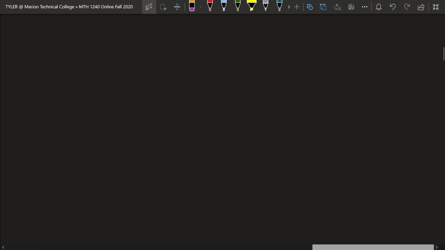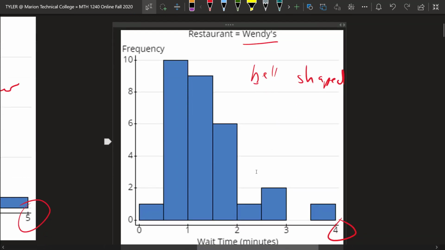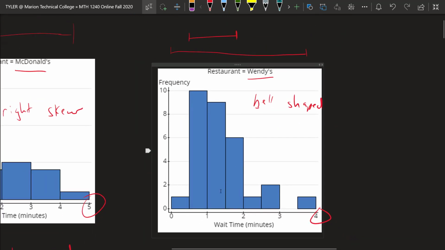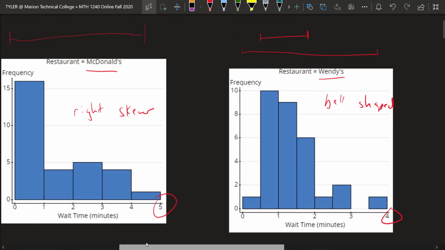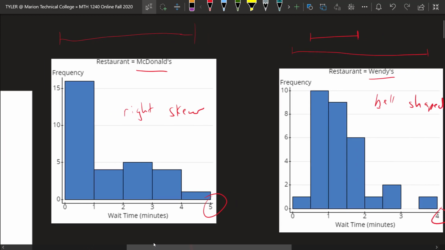So again, looking at those histograms, the McDonald's appears to be more dispersed, right? So this guy is more dispersed. It's more spread out, right? So there's more horizontal spread.